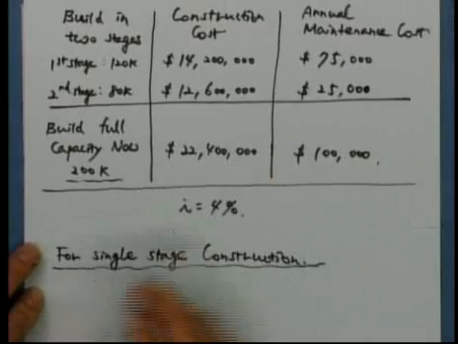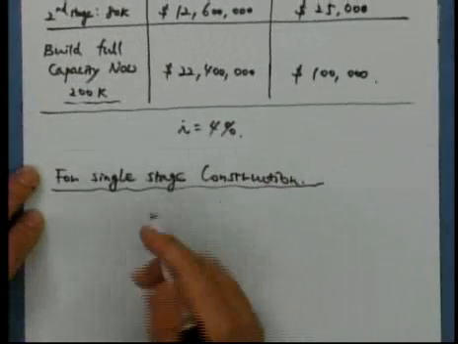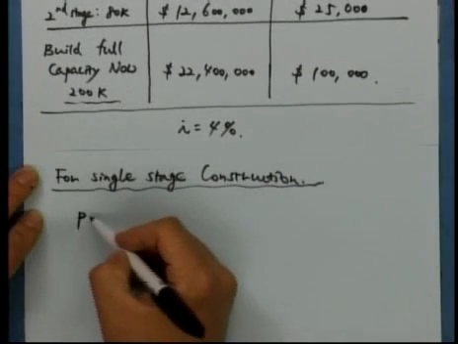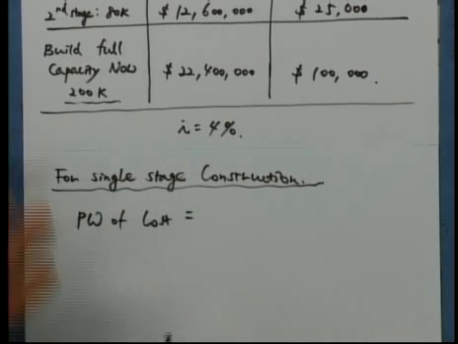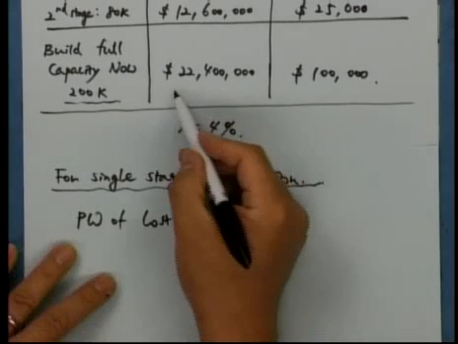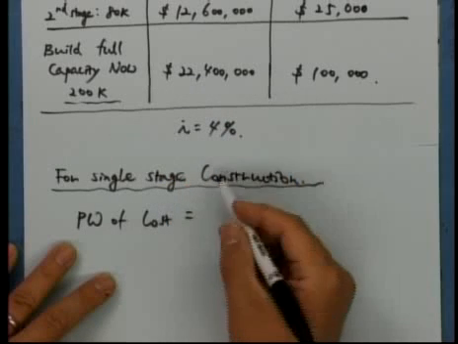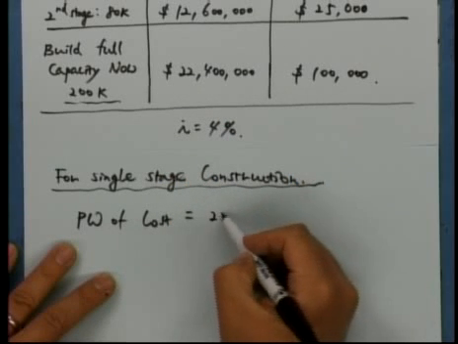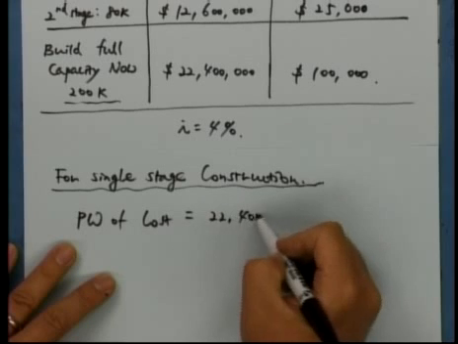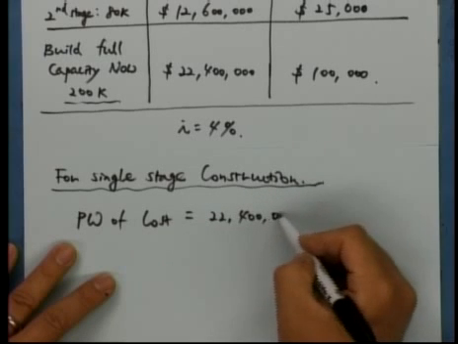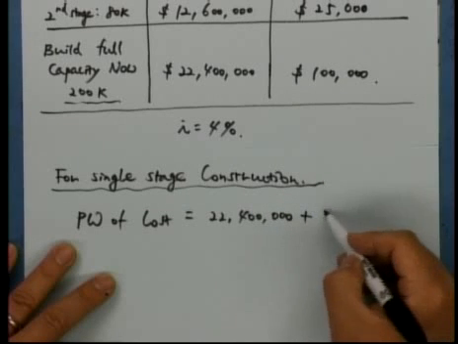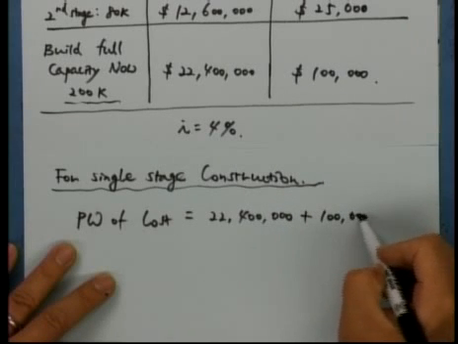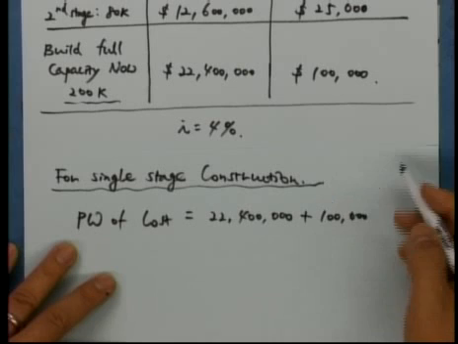So the present worth of cost would be one time of construction cost, which is $22,400,000 plus $100,000 of maintenance cost for the next 25 years.